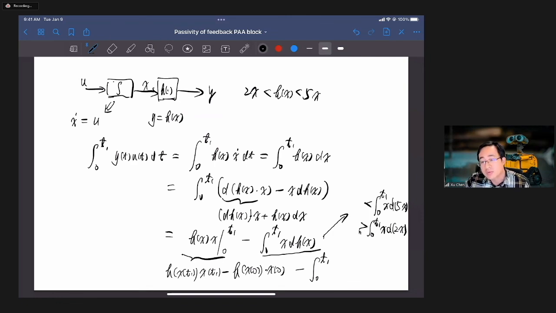And both of these terms will be positive, as you can see, right? For example, this one is going to be equivalent to the integration from 0 to t1 of 5x dx, and it's equal to 5 halves of x squared evaluated between the two boundaries t1 and 0.